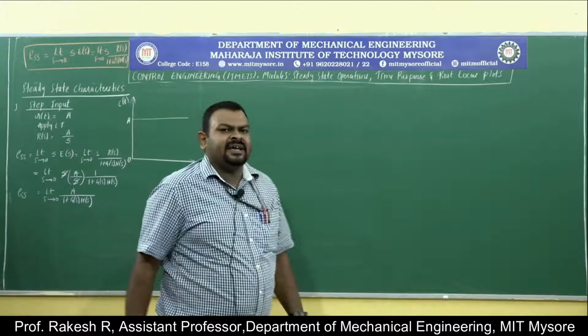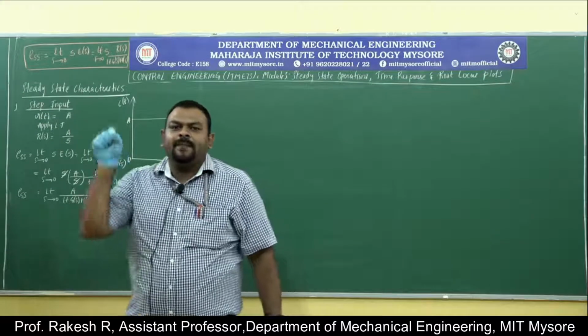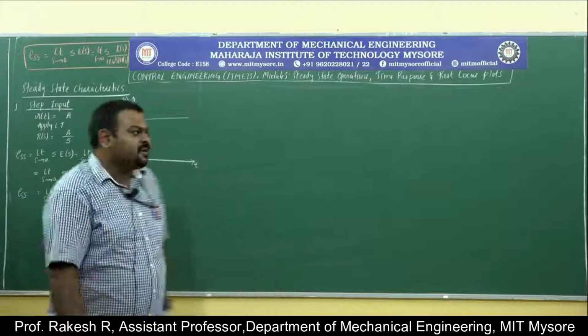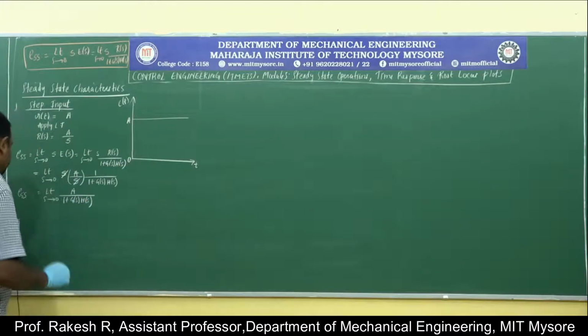In order to make an easier analysis, we will be introducing proportionality constants. The first proportionality constant for step input is Kp.